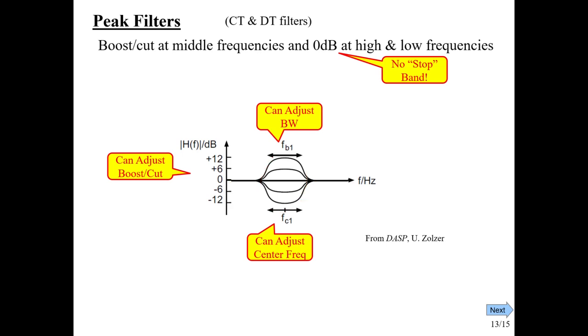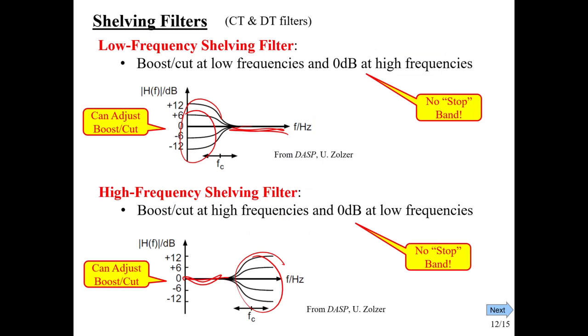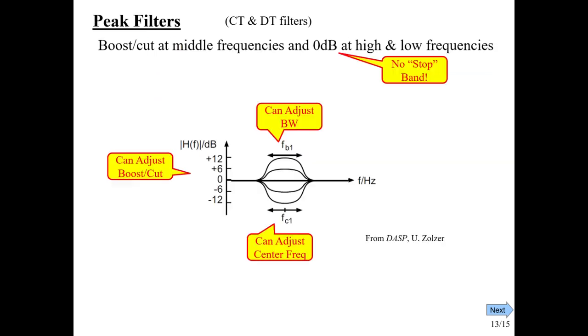Not only can we adjust which of those, and there could be a continuum of values between minus 12 and 12, but we can also adjust the cutoff frequency. So the cutoff frequency could move far to the right or far to the left.